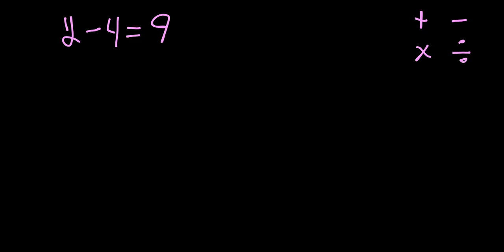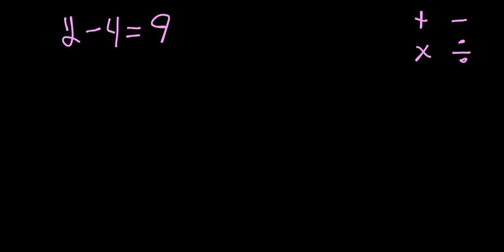So you've now learned that we use inverse operations. Let's do another example. y minus 4 equals 9. All right, and when we talk inverse operations, we have plus and minus, and then we have multiplication and division.